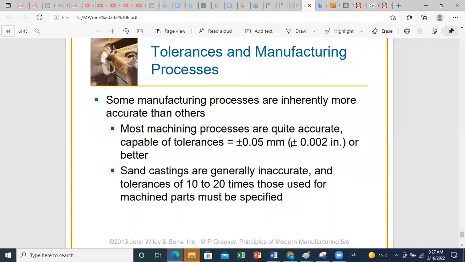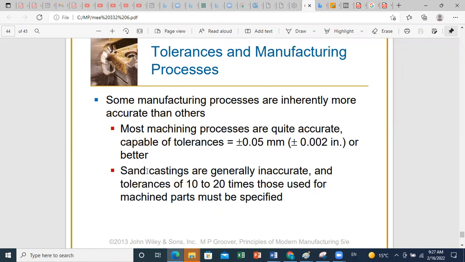Now, for example, we'll see in the next chapter solidification processes. One of the most used solidification processes is sand casting, but it's one of the most inaccurate processes, and tolerances in this case are 10 to 20 times higher than those used for machined parts.